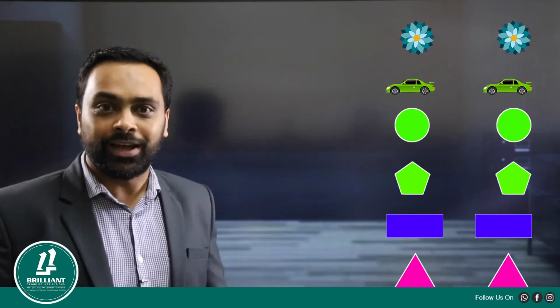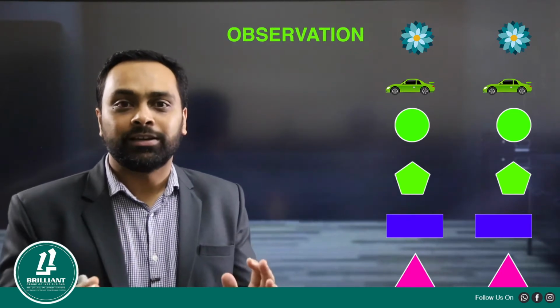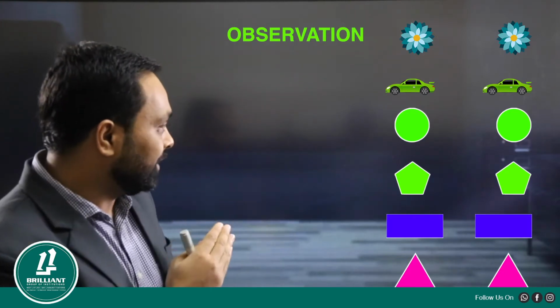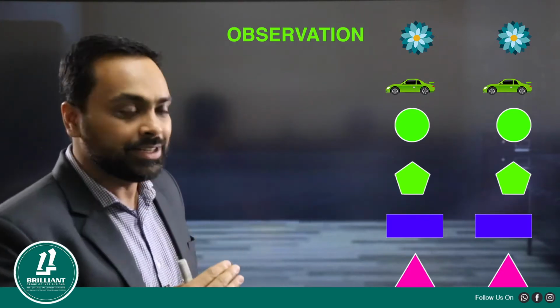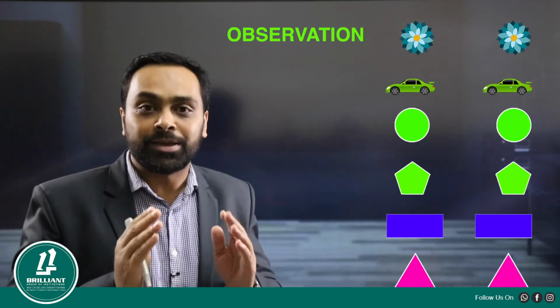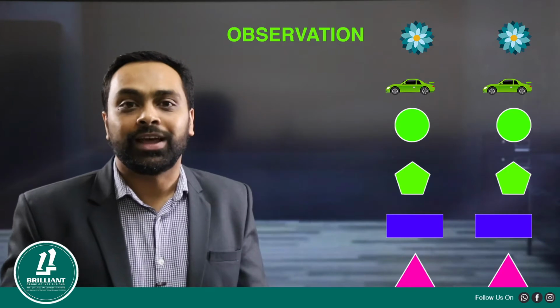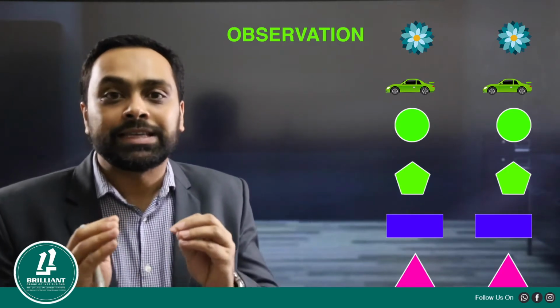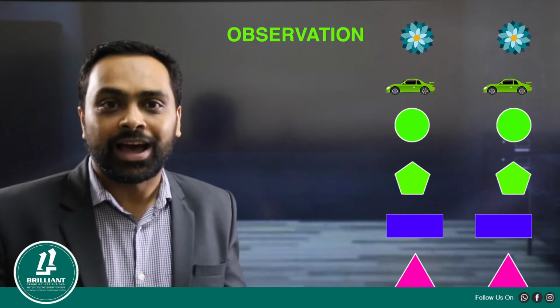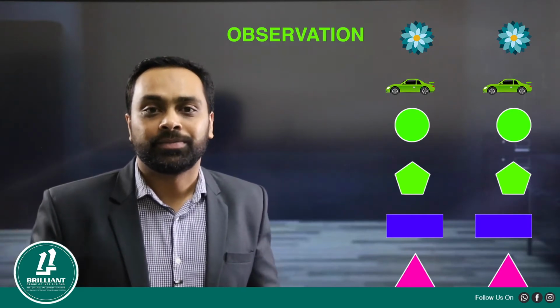Here we can observe that all the pairs are the same shape. Triangle, rectangle, pentagon, circle, all are the same shape. Not only the same shape, we can observe that all are the same size also. Am I right? Same size and same shape.